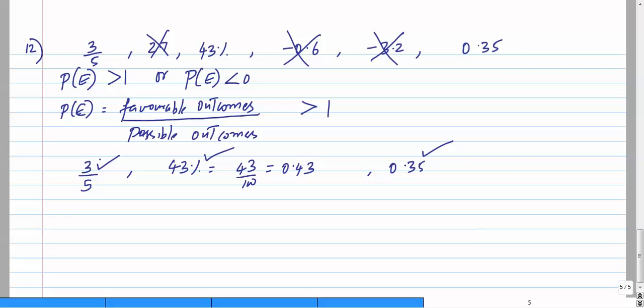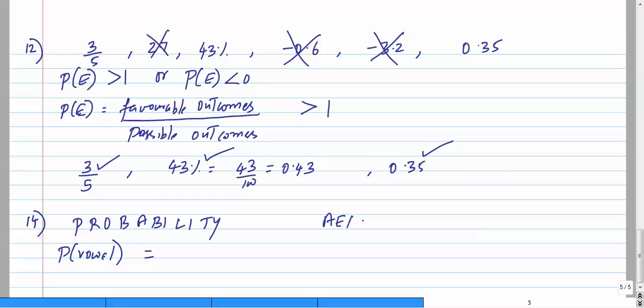The last example: a single letter is selected at random from the word probability. It's an interesting case. Find the probability that it is a vowel. How many vowels are there? We know A, E, I, O, U. How many A's are there in this? 1.